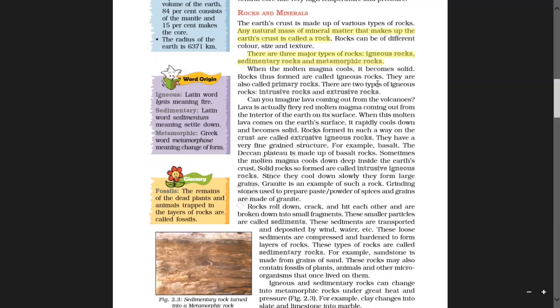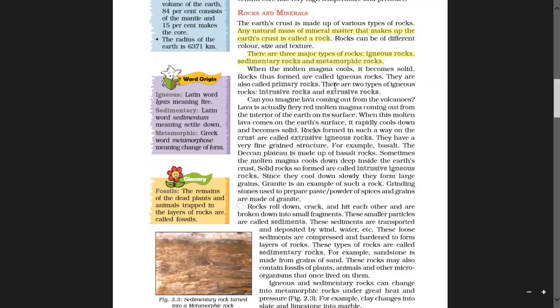So, boys, when this molten magma is ejected from inside the earth, it cools in the air and becomes solid particles. Rocks which form in this process by cooling of magma are called igneous rocks. They are also called primary rocks.